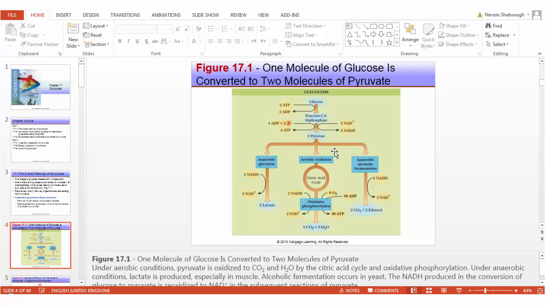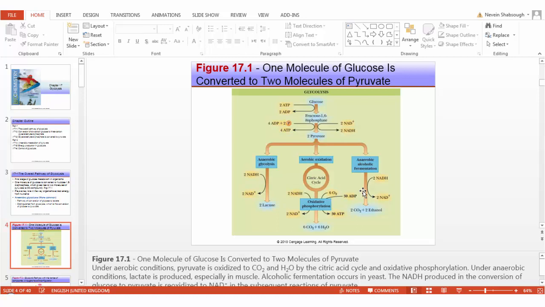Now notice here that the 2 NADH, the reducing equivalents that were produced in glycolysis, are consumed in anaerobic pathways in muscle and in yeast.